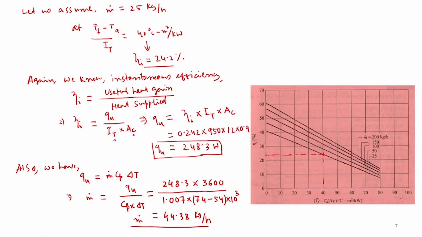So, m dot is found to be 44.38, but we initially assumed that the mass flow rate is 25 kg per hour. What we got is 44.38. Then we have to see what will be the appropriate mass flow rate. Now, let us assume m dot is equal to 50 kg per hour and do the calculation to see what happens.